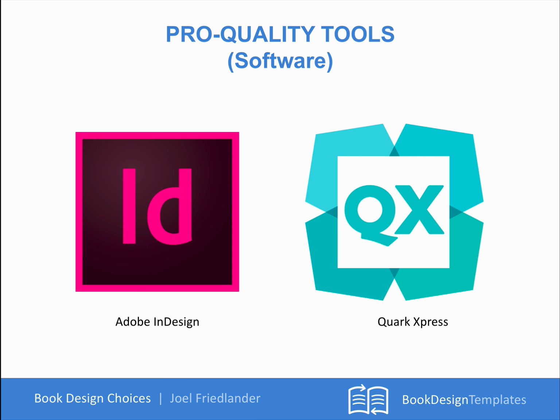They will produce professional quality typesetting, something that is impossible to get with Microsoft Word, and that the easy tools like Vellum and Pressbooks simply do not have the same kind of controls or intelligence built into their typesetting engine. So that's just a fact of life.